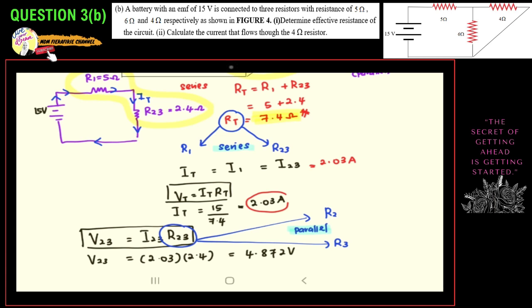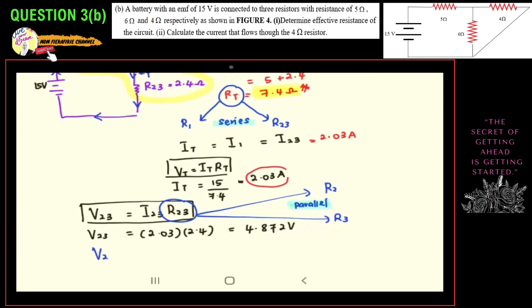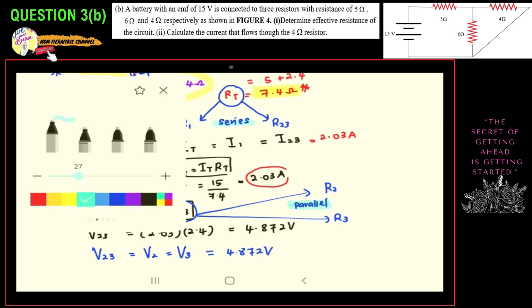So R2 and R3 are parallel, which means that for V23 we calculated, what is the same in parallel? The same voltage. If series, what is the same between the resistors? The same current. So V23 is equal to V2, which is equal to V3, and it is equal to 4.872 volt.